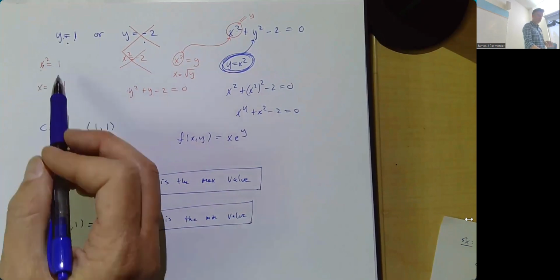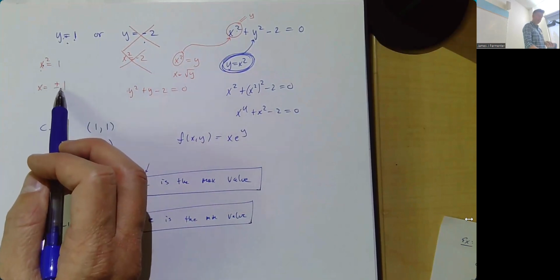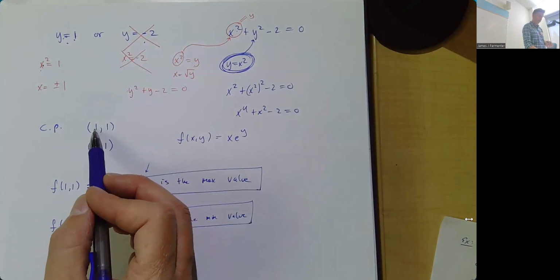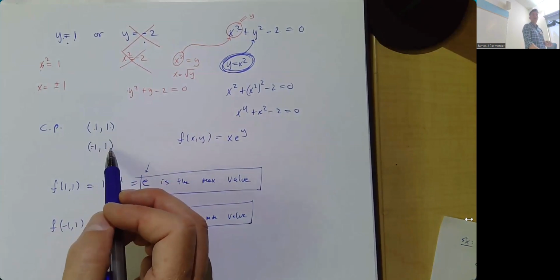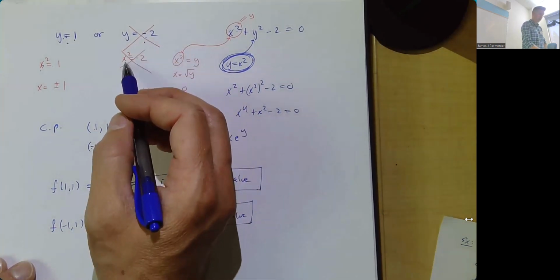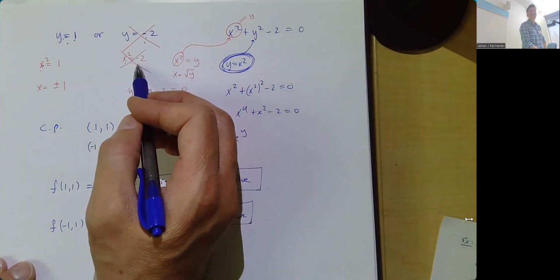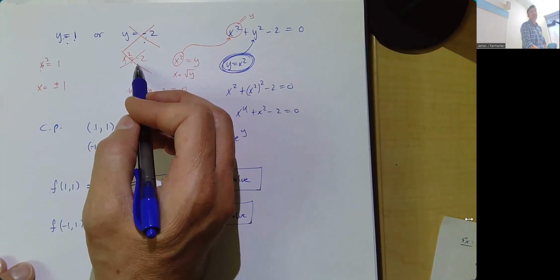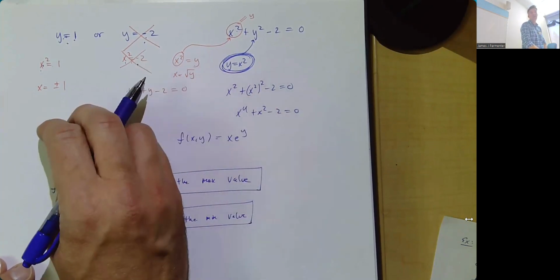If x squared equals 1, x is plus or minus 1. So x is positive 1, y is 1, x is -1, y is 1. But then for y equal to -2, if I set x squared equal to -2, I don't get any solutions. X squared can't be a negative number.